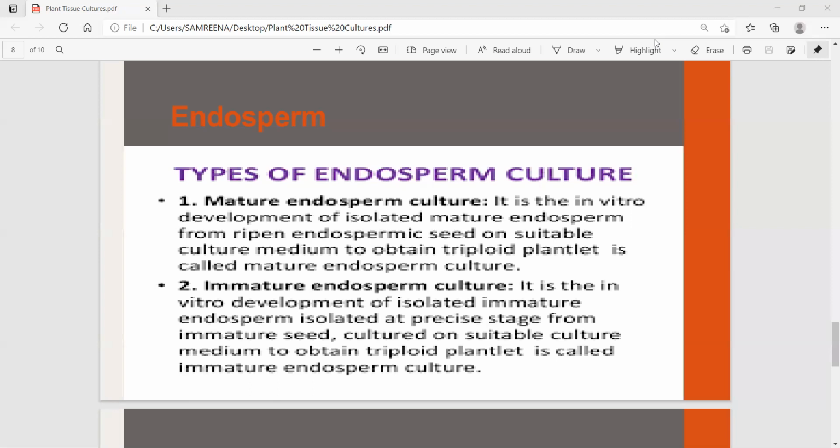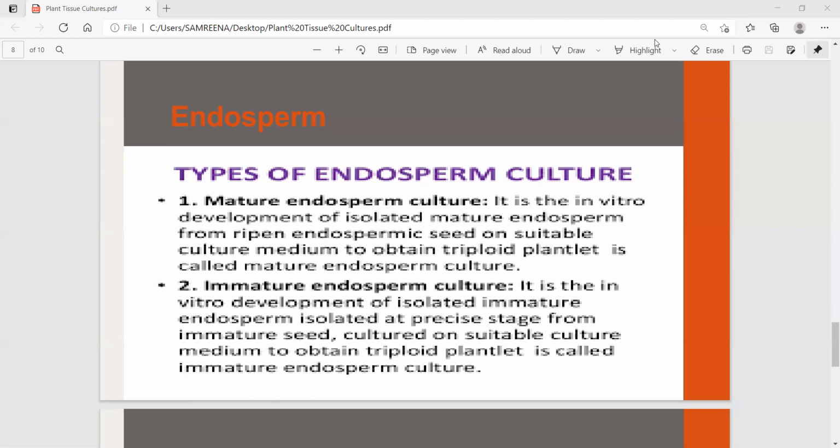In 1930, scientists tried to go for embryo endosperm culture under in vitro conditions. Depending on the plants, the endosperm may be consumed during seed development. Sometimes the endosperm is utilized, sometimes it's not utilized. It depends on the plant which you have taken.